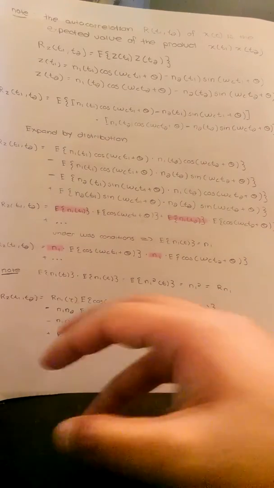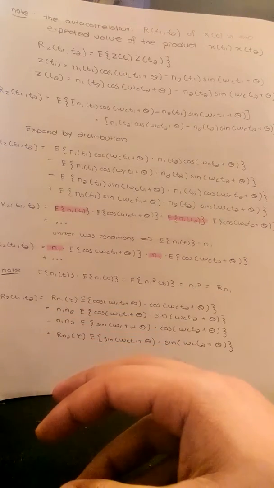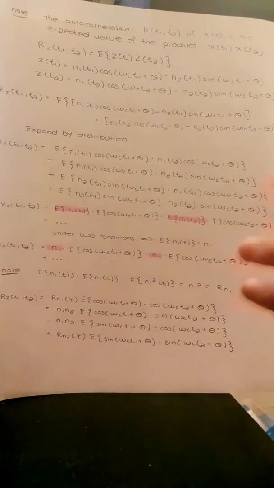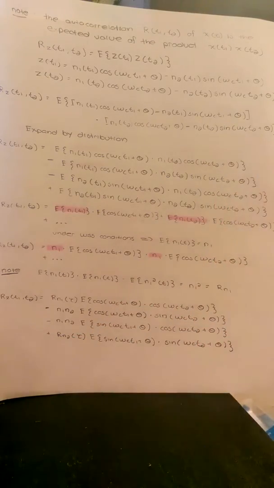A quick note: the expected value of N1(t) times the expected value of N1(t) is the same thing as the expected value of N1(t) squared, which equals n1 squared, which equals Rn1.